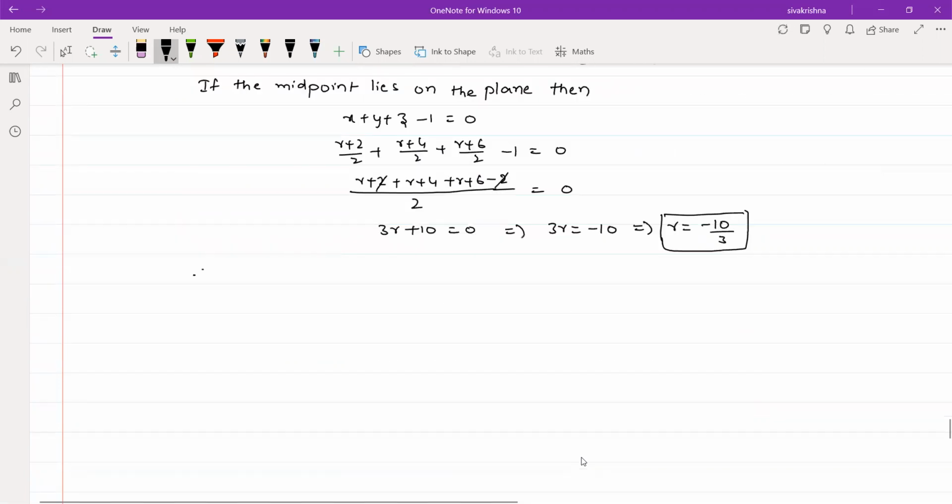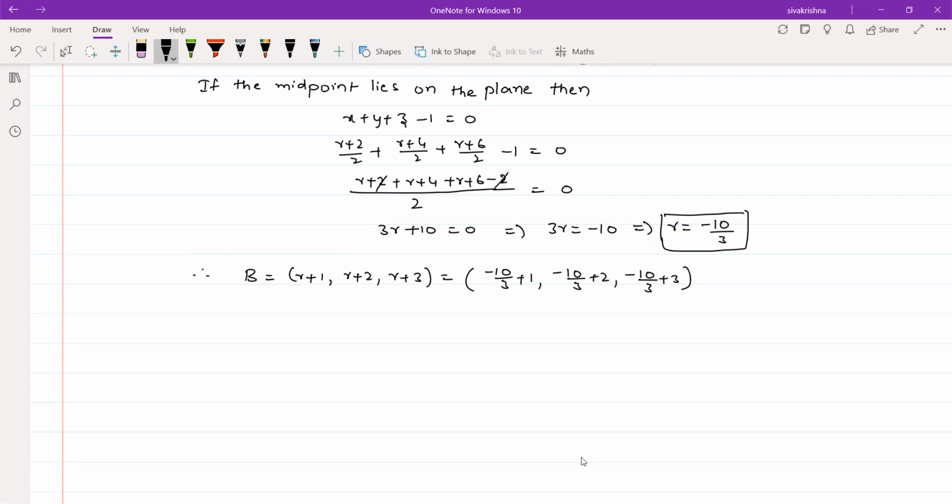So B is nothing but (r+1, r+2, r+3). Now I am going to substitute the value of r: (-10/3 + 1, -10/3 + 2, -10/3 + 3).